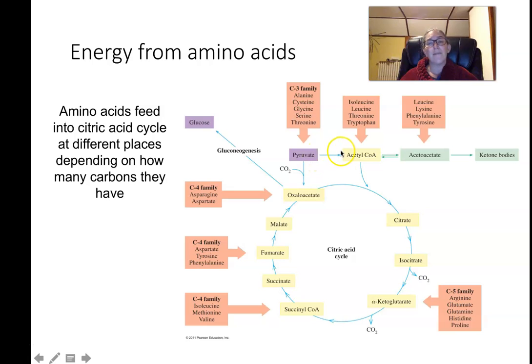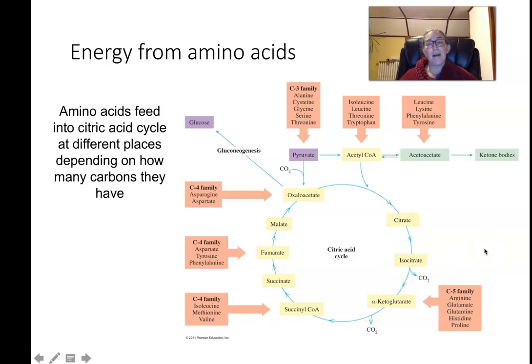So there's lots of different ways. You don't need to know how each of these amino acids is metabolized. Just know that the way we get energy from amino acids is by converting them into one of these substances, either the starting material, acetyl-CoA, or an intermediate material in the citric acid cycle.